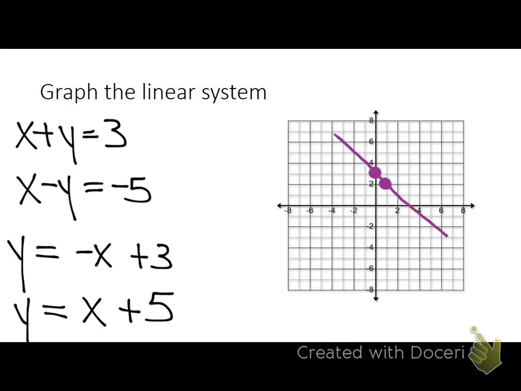And remember, you want these lines nice and straight. Now I plot my second point at a y-intercept of 5, and then I go up 1 over 1 and draw my line.